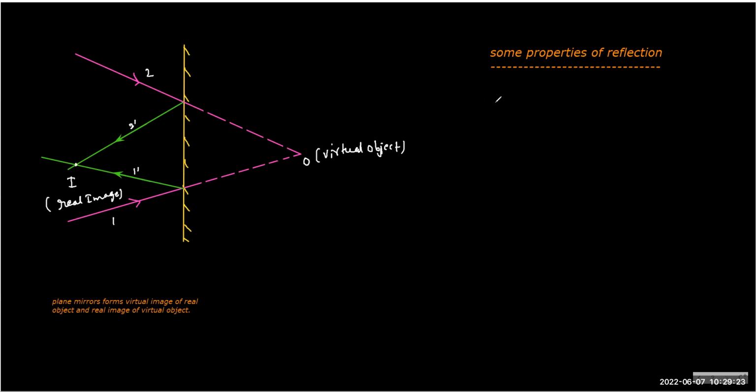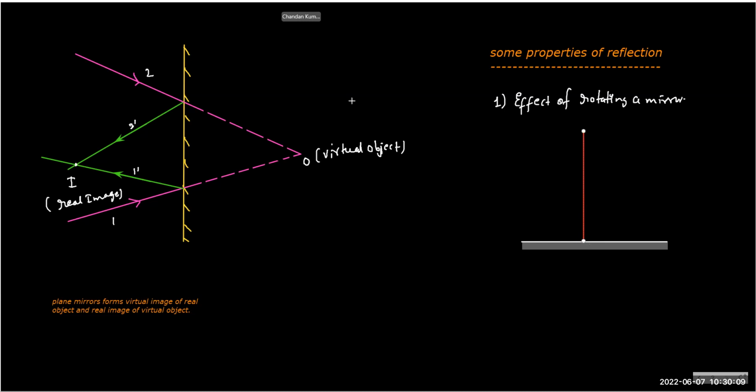So the first is the effect of rotating a mirror. So let's say we have a mirror in this position in the very beginning, and let's say the light ray is coming at right angle.